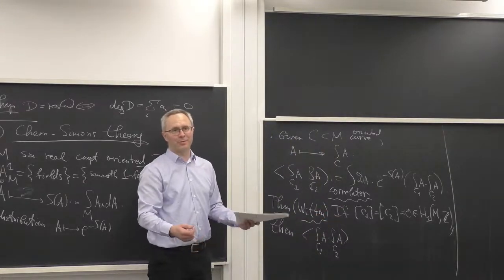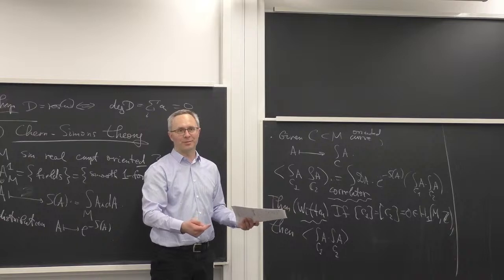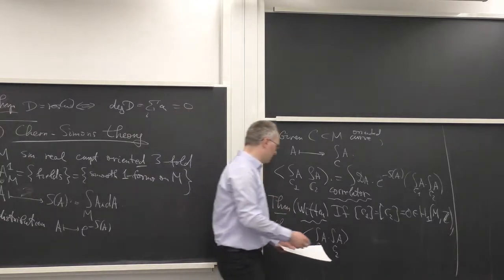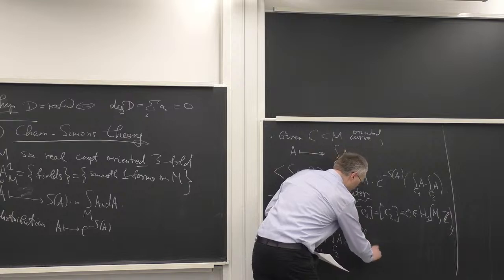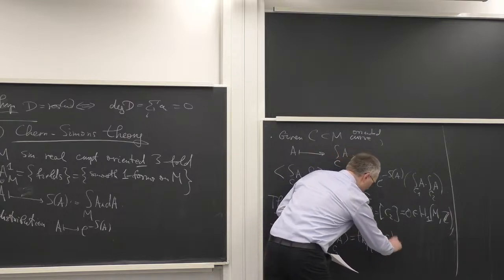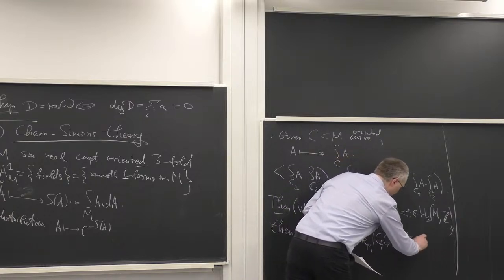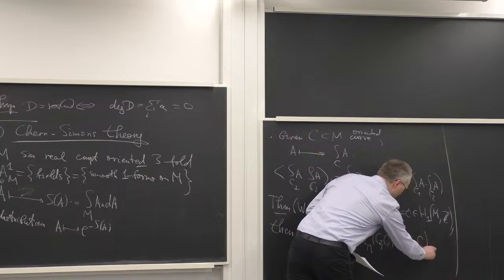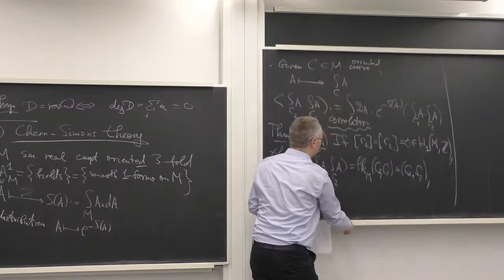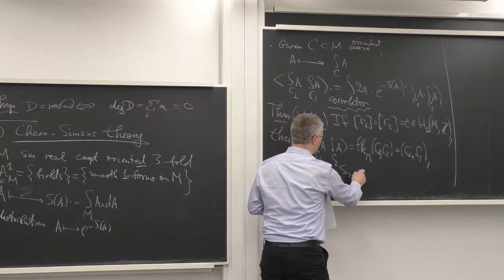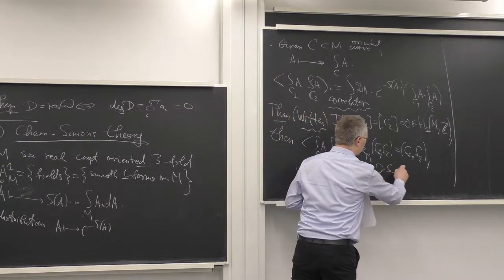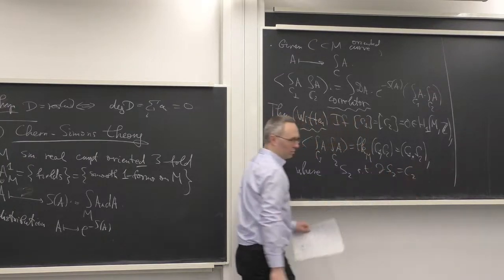And of course, if you are from topology, you already guessed that it is just the intersection number of C1 with the surface C2, where C2 is some surface such that the boundary of the surface is C2.